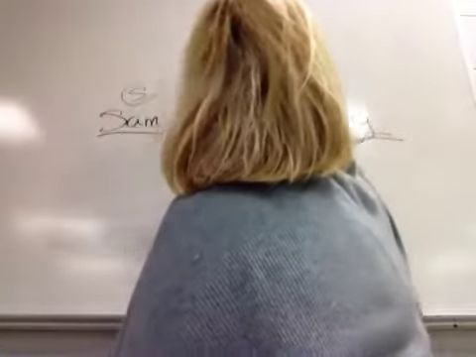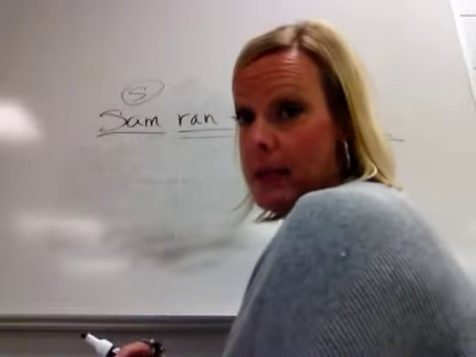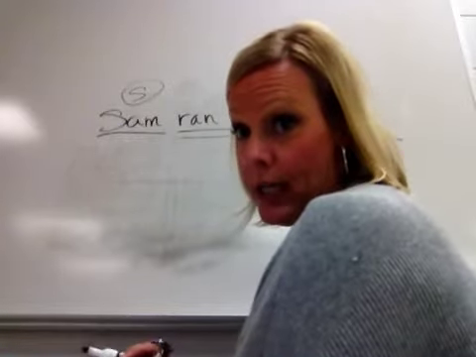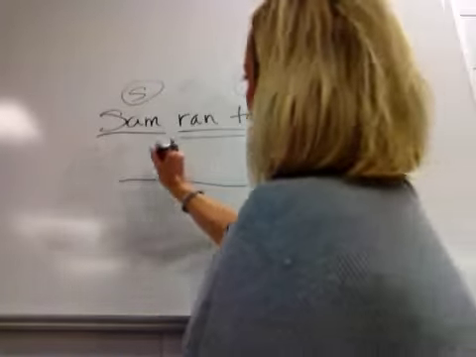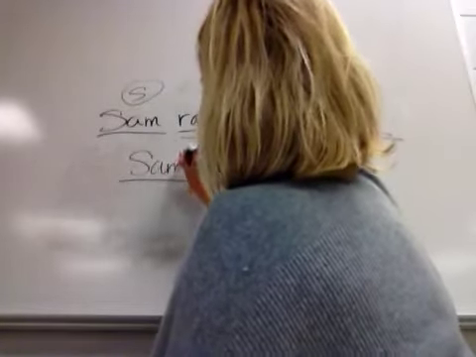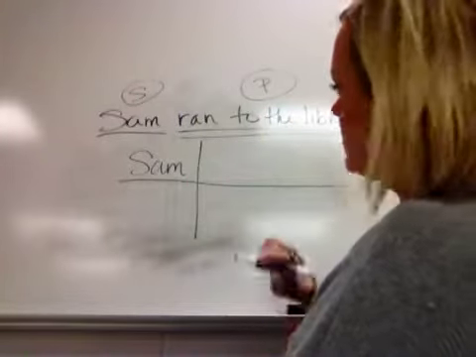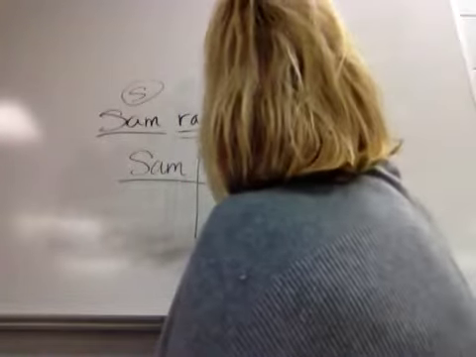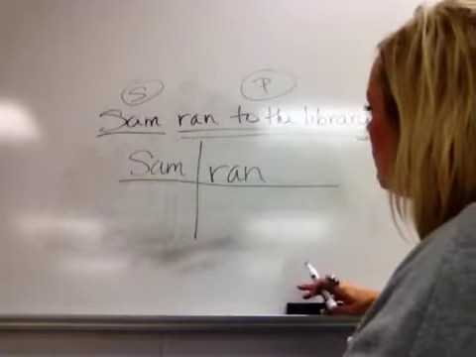Subject, predicate. To diagram only the subject and the verb, which is all you're going to need to know at this point, you make your baseline. Subject is Sam. Line all the way through to separate the subject and verb, and then ran. Okay? So that's how that's going to go.